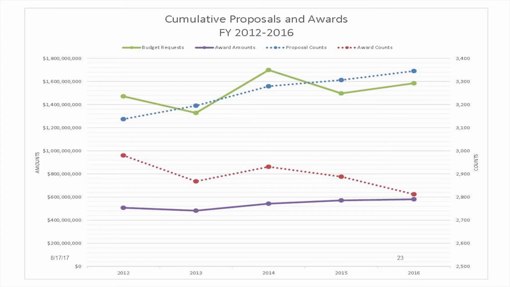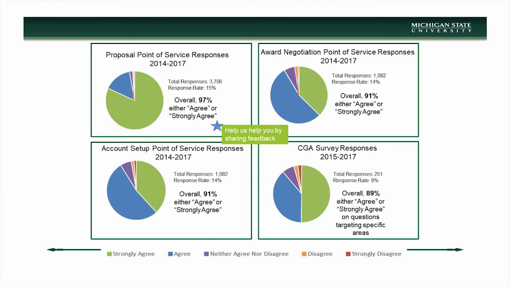You will find that the proposals are on the top because we do a lot more of those than we get awards, but we have been going up on our awards, even though you see our counts have been going down. They've been in an inverse relationship with the amount of awards we've been getting. We have been keeping our dollars up. And that is kind of in keeping with the federal landscape.